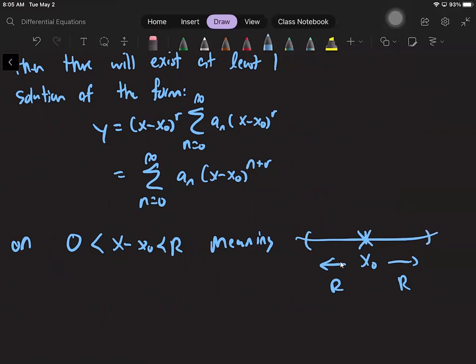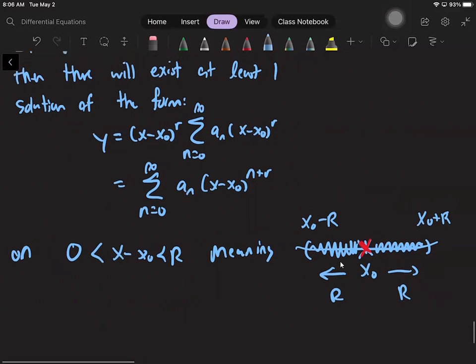So this would be x naught minus r, x naught plus r. So it's not valid right at x naught, but in this little region here, that's where this series is a solution.